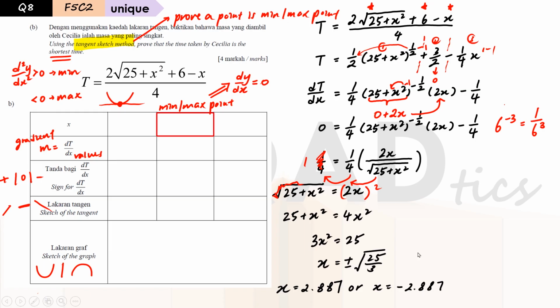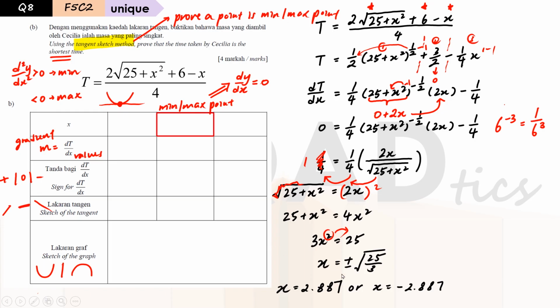Again, why we have two versions of answers is because when the square we move to the other side, we need to consider two versions of the answer. Alright, plus and minus. But which one should we use? Because there is only one box for the x coordinate of the minimum or maximum point.